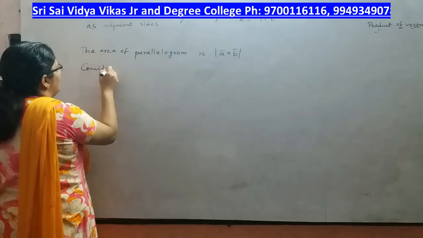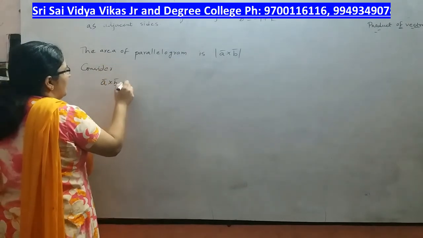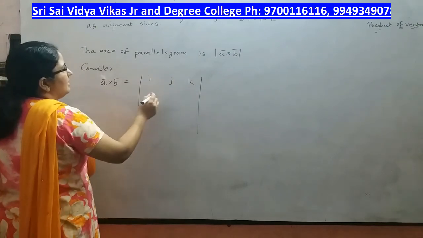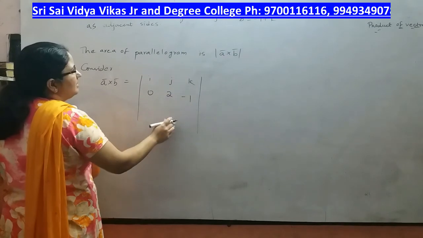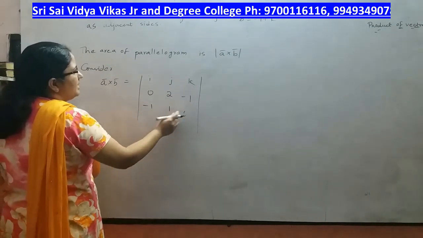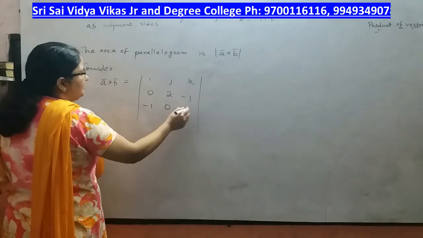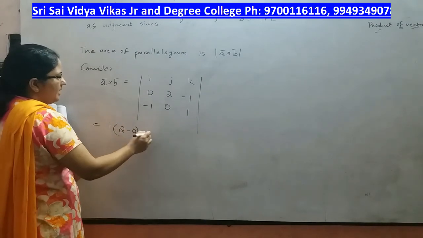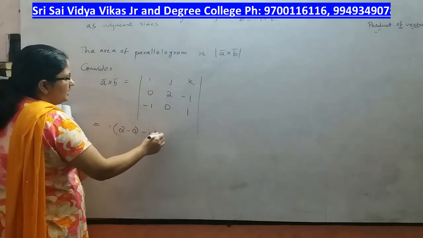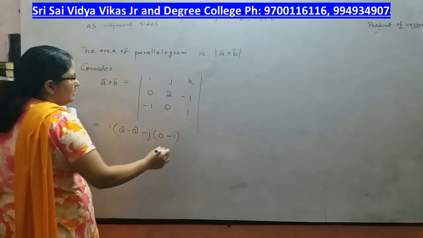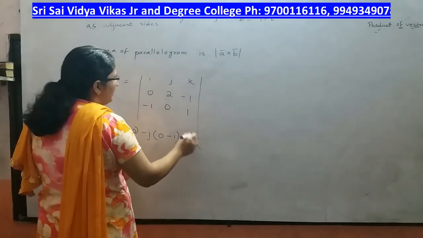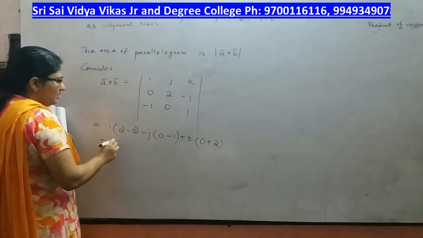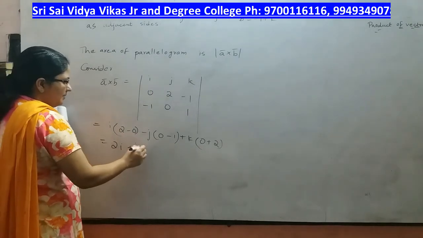Consider a bar cross b bar. A bar cross b bar is nothing but i j k, 0 2 minus 1, minus 1 0 1, that is nothing but i into 2 minus 0 minus j into 0 minus 1 plus k into 0 plus 2, that is 2i plus j plus 2k.